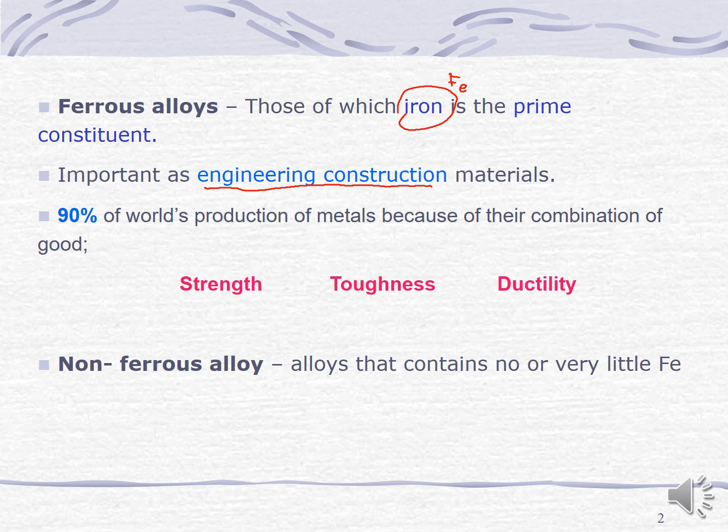About 90% of the world's production of metals is contributed by ferrous alloys because of their combination of good strength, good toughness, and good ductility. While the non-ferrous alloys are alloys that contain no or very little ferrum.